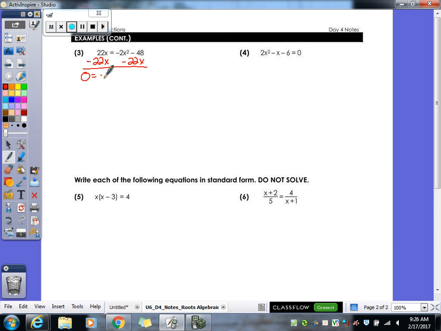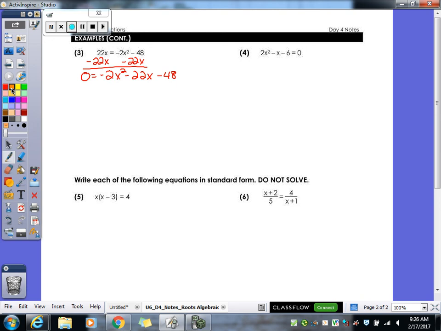So 0 equals -2x squared minus 22x minus 48. Got to put them in order: largest exponent, then the next largest, and then your number. So now we're in standard form.